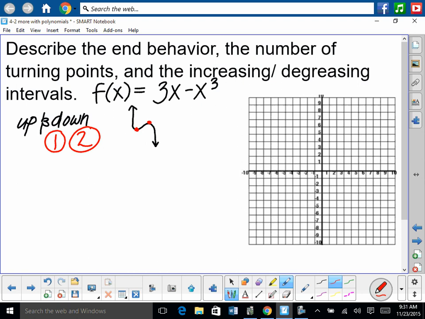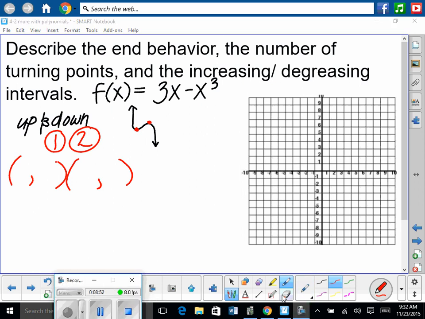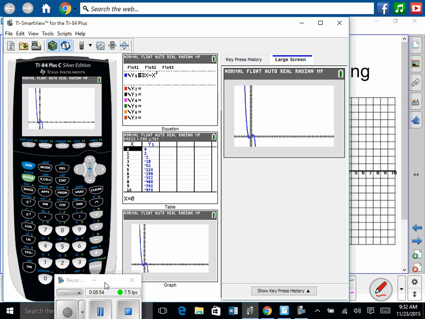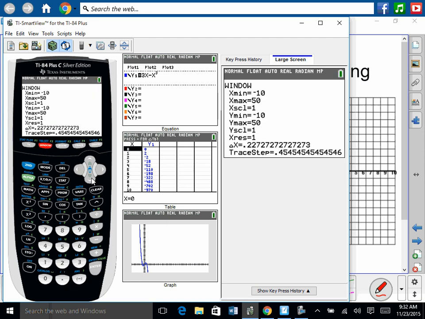Okay. Now, with the turning points, I want you to be specific. So I'm going to have you write out your turning points in an XY point. So we know we have to find that using maximum and minimum, right? So let's do that on our calculators. So pull up your calculators. I'm going to make my window a little bit better.